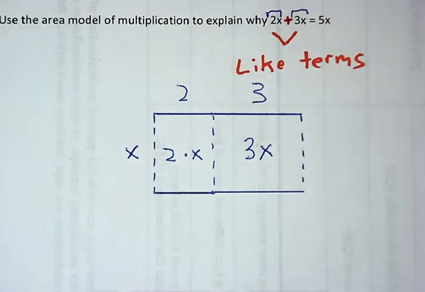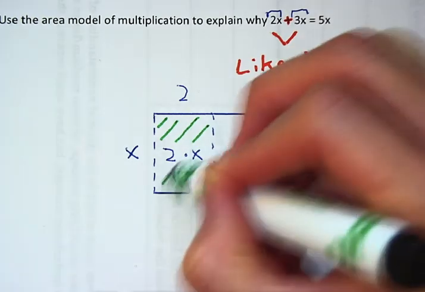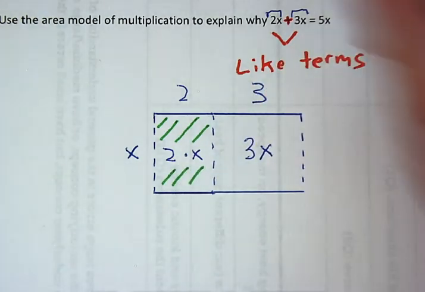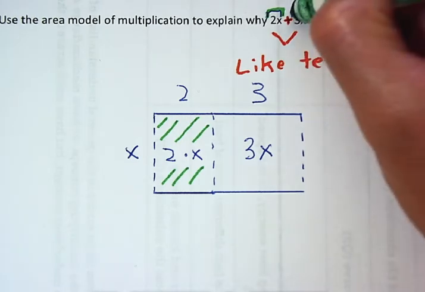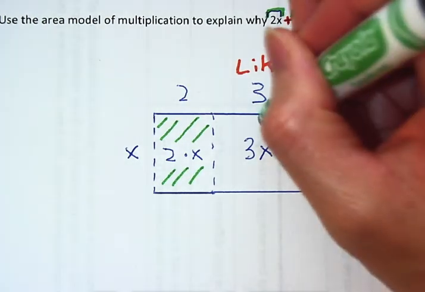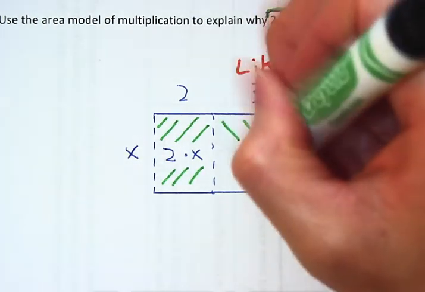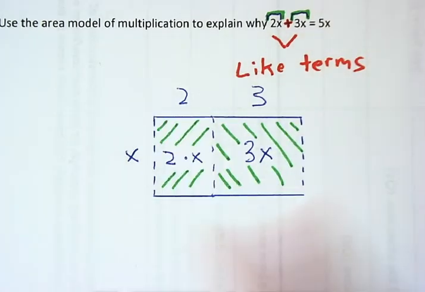So if the area inside this is 2x, and the area inside this other one is 3x, well, I can ask, what is the area for the whole thing?